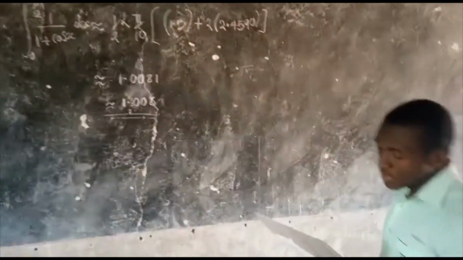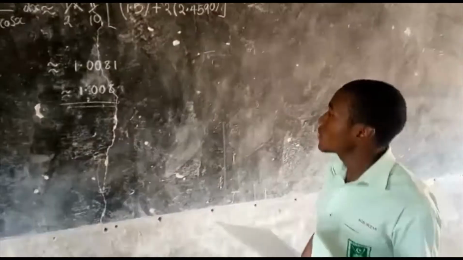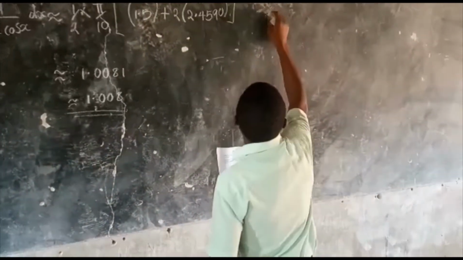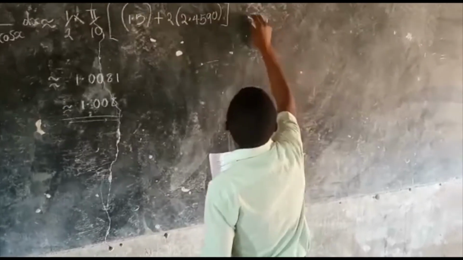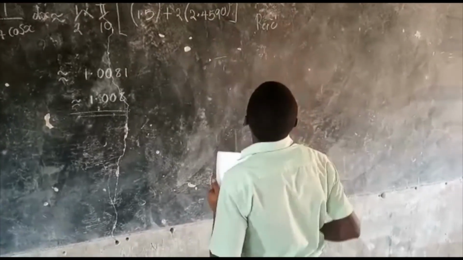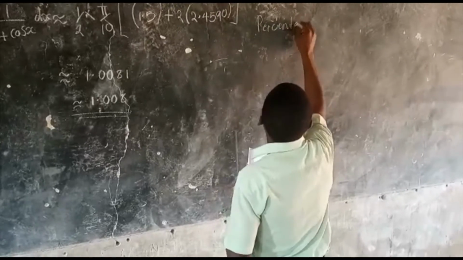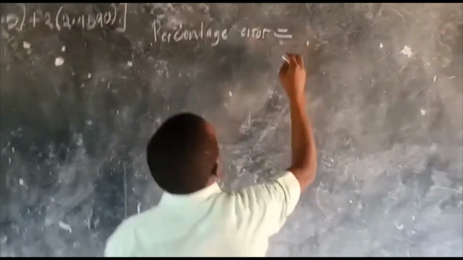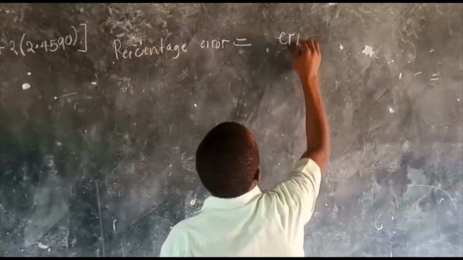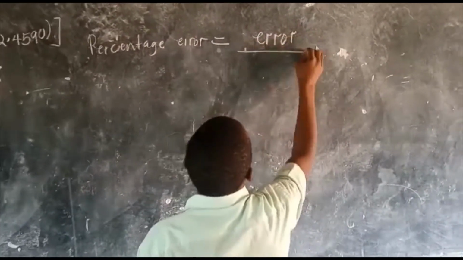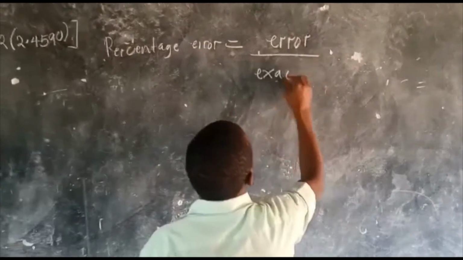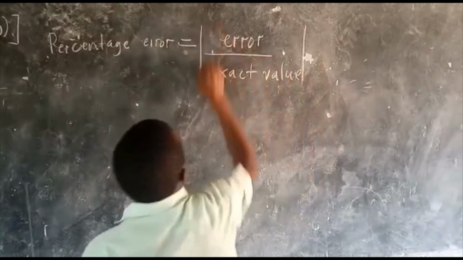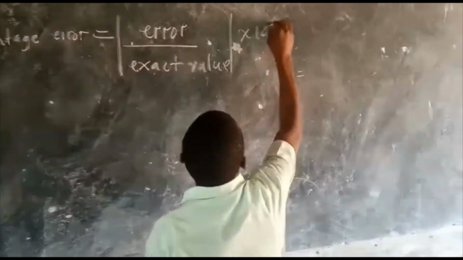Now, to get the percentage error in the approximation, the formula is: percentage error is equal to the magnitude of the error over the exact value, times 100.